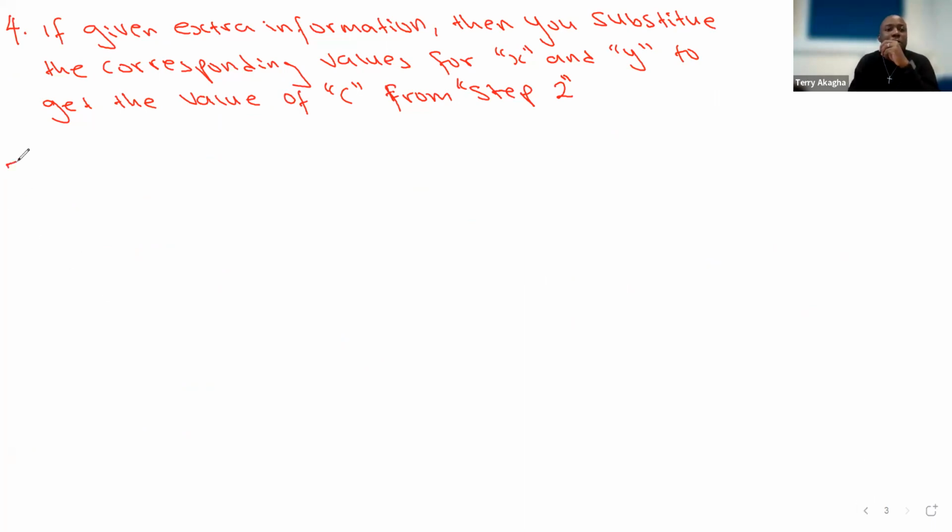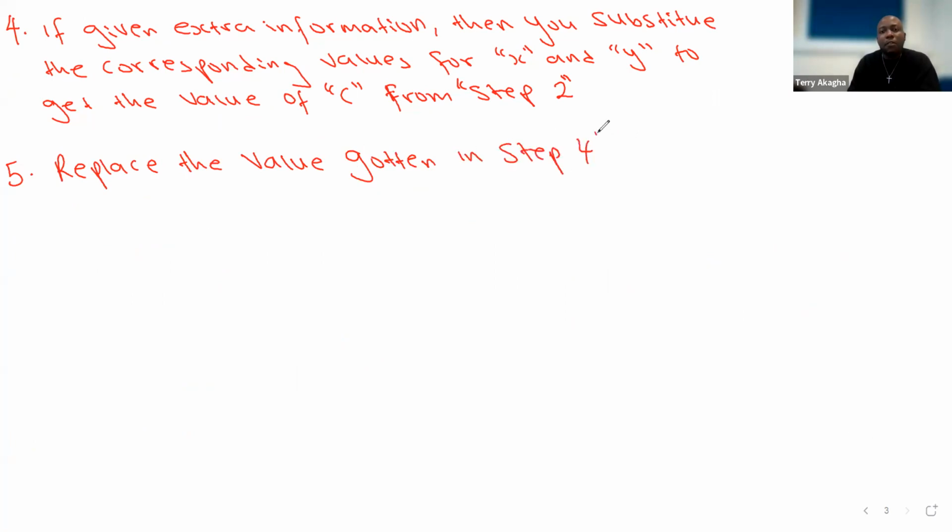Then when you've gotten the value for c, the next thing that you have to do is replace the value gotten in step 4. So that means the value for c you got here, in step 3.